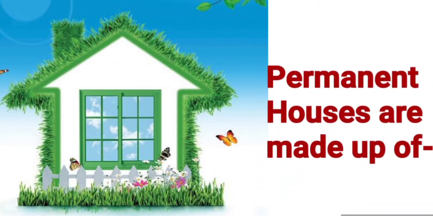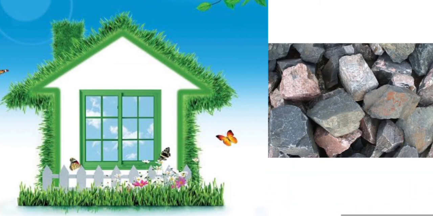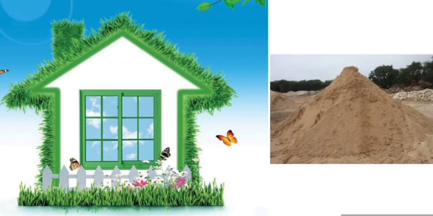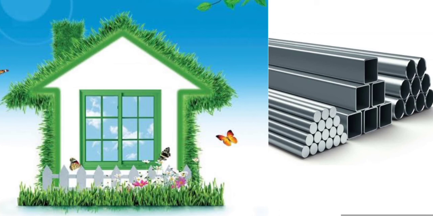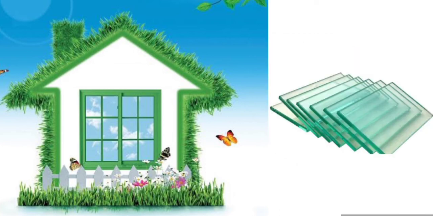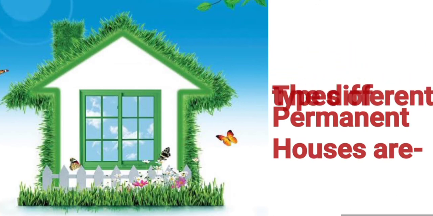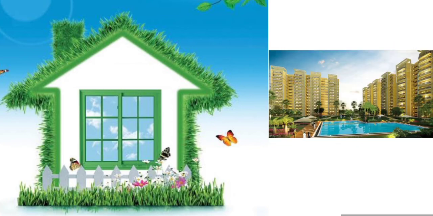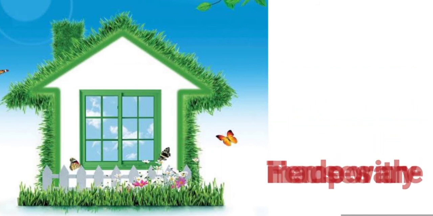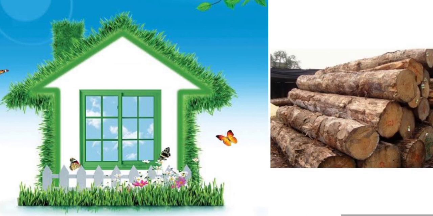Permanent houses are made up of stone, brick, sand, cement, steel, glass and wood. The different types of permanent houses are bungalows, apartments or flats. Temporary houses are made with mud, straw, bamboo or wood.